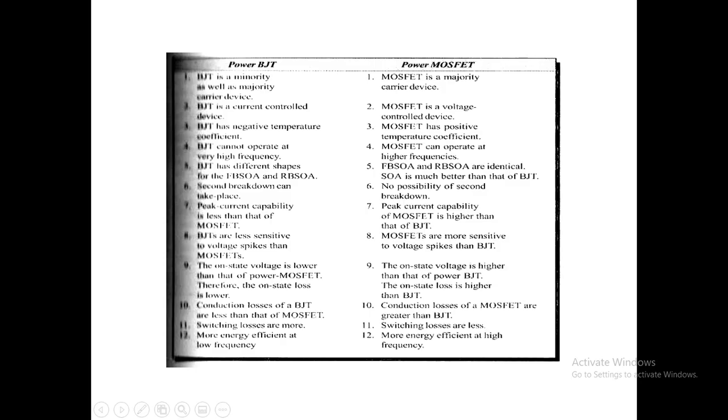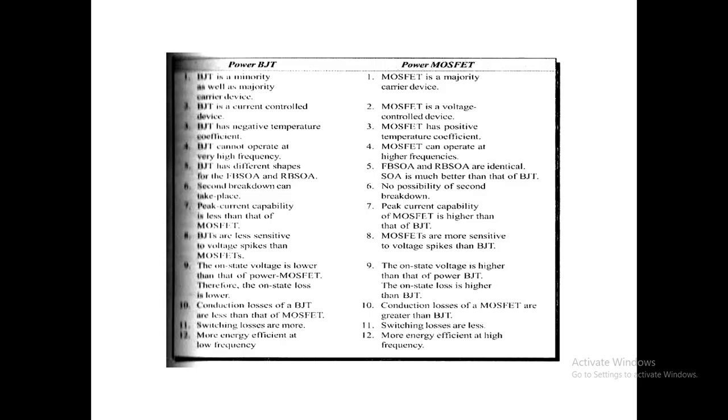Secondary breakdown will not occur in MOSFET, and secondary breakdown takes place in the BJT, which we can see in the next class. Secondary breakdown is related to an increase in temperature leading to breakdown of the device. The peak current capability of BJT is less than that of MOSFET, and the peak current capability of MOSFET is higher than that of the BJT.